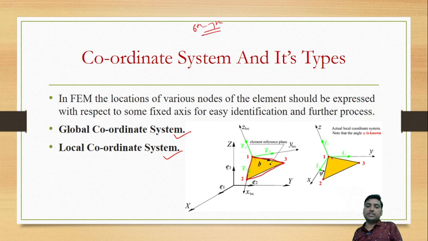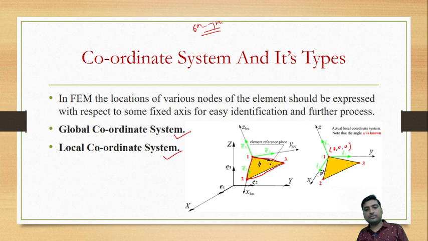But at this point, it is 0, 0, 0. So if any point on the element, or in between the element, is 0, 0, 0, meaning the origin lies on or in between the element, that type of axis is called a local coordinate system.